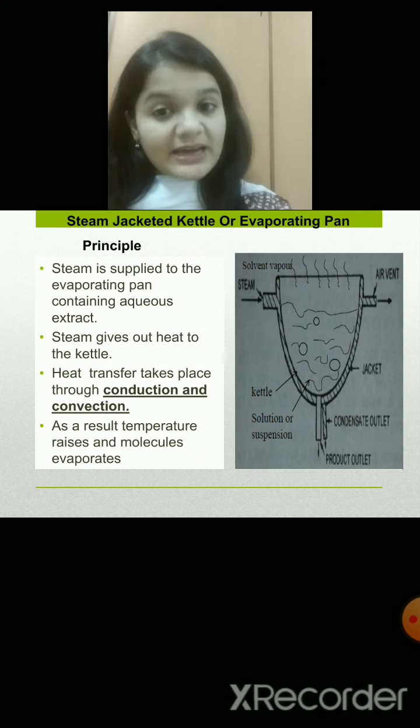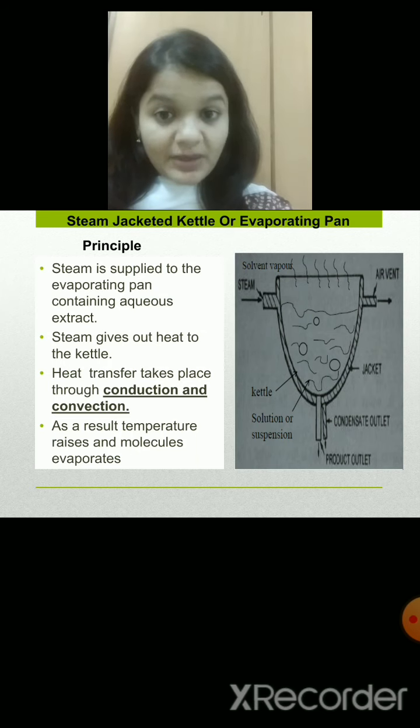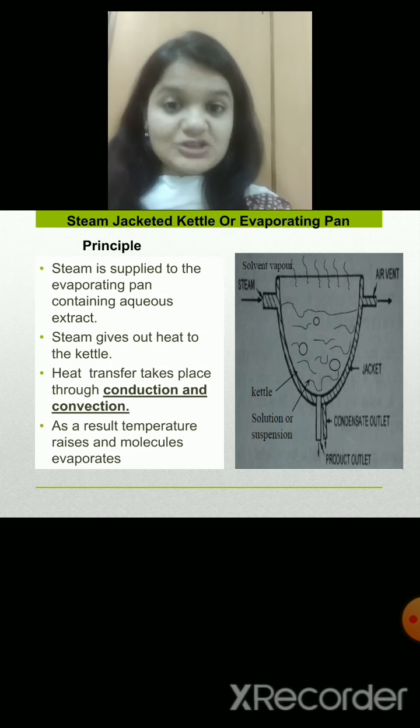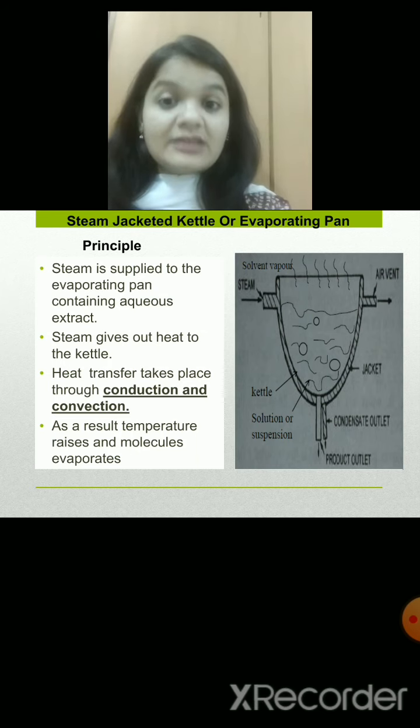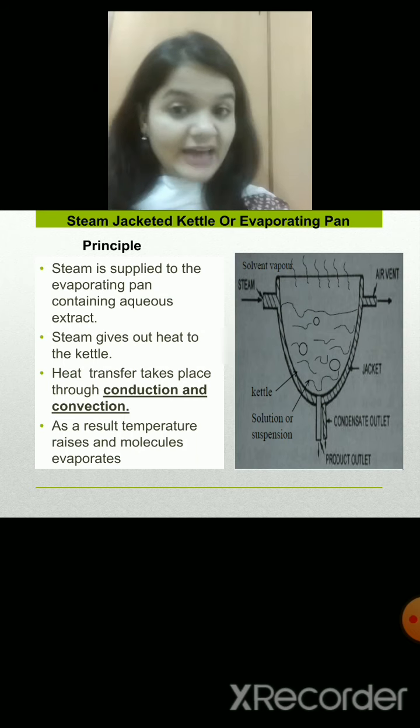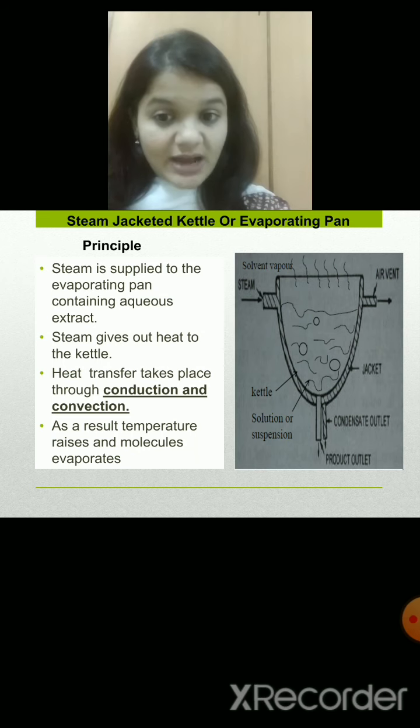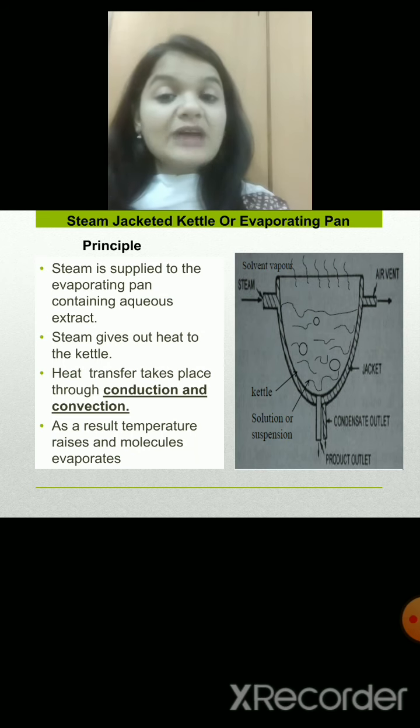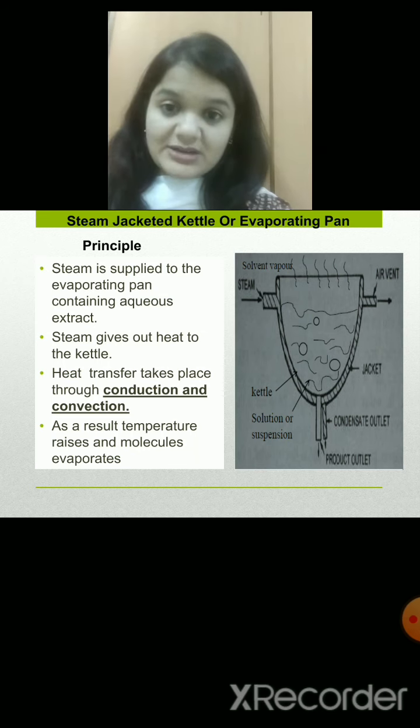Steam is supplied to the evaporating pan, in which there is an aqueous extract. Now the steam gives out heat to the kettle, and the heat is transferred by the basic principle of conduction and convection. As a result, temperature rises and molecules get evaporated.